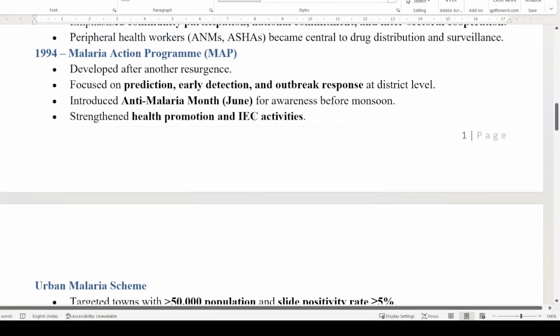Now what are IEC activities? That is information, education, communication activities. IEC means we have to give information to the public, educate them, and communicate things to them.